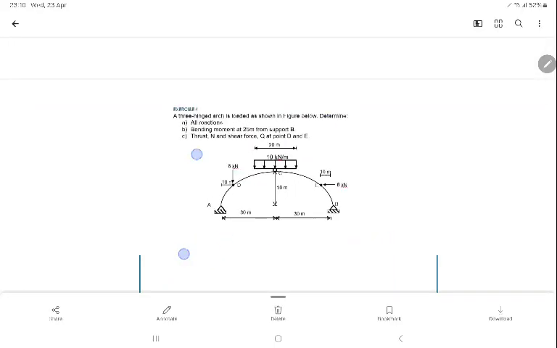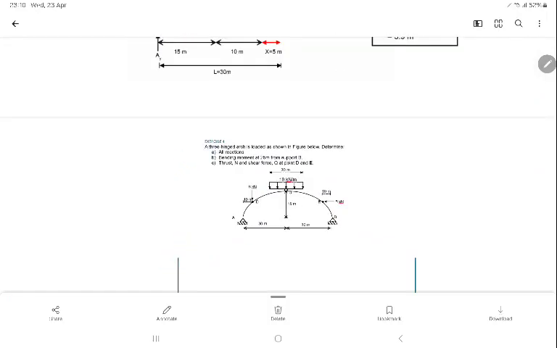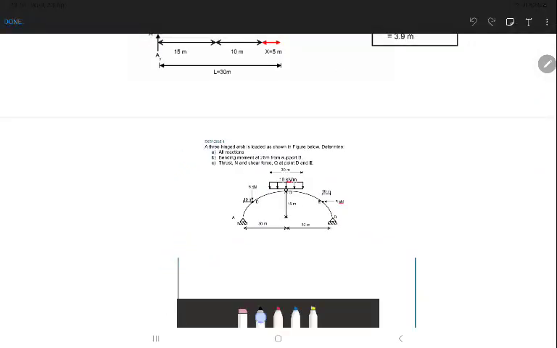I have to sketch it again, and then this is another free body diagram.